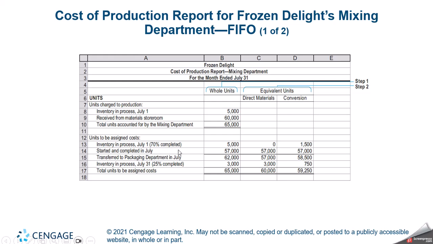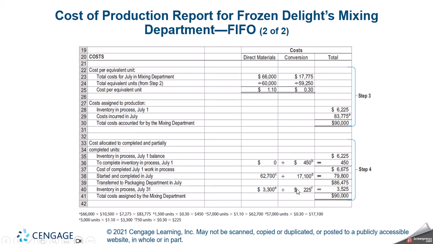But they were 70% completed at the beginning, so that would leave 30% still to be completed. Then the entire 57,000 that we started and completed is 100% done with materials, 100% done with conversion. Then our ending inventory is 100% done with materials, and only 25% done with conversion. So that's how those are mapped out. Then we have our total equivalent units from a material standpoint and a conversion standpoint for the month of July.